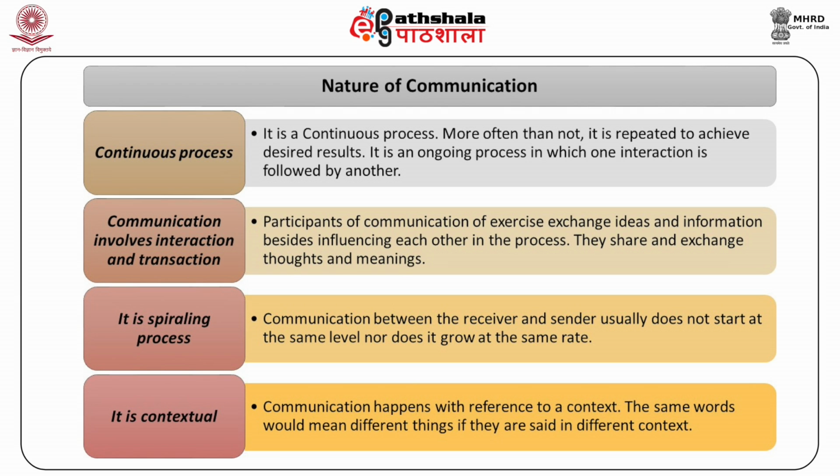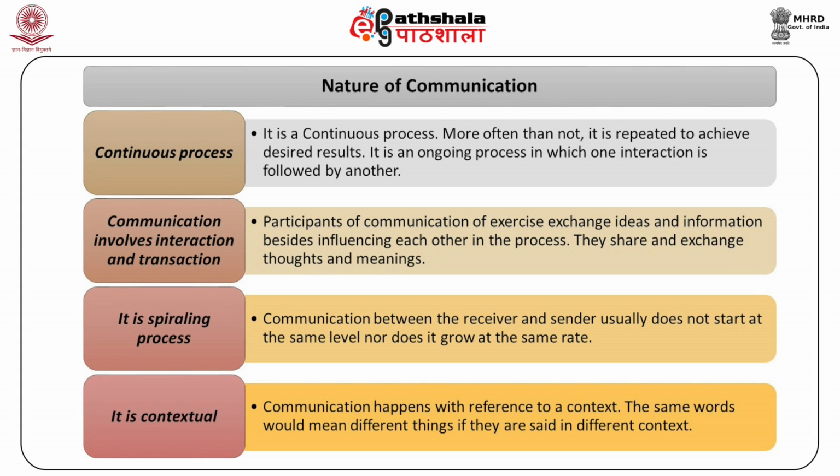11th, communication is a spiraling process. Communication between the receiver and the sender usually does not start at the same level, nor does it grow at the same rate. This is due to the difference in the abilities of the sender as well as the receiver.